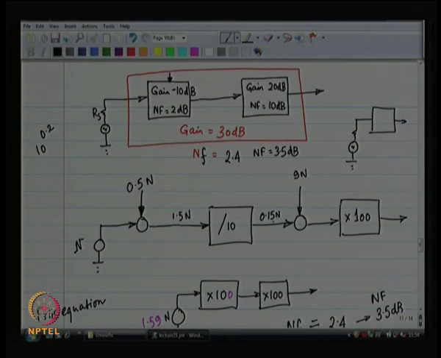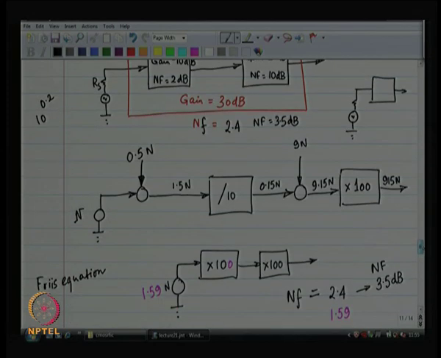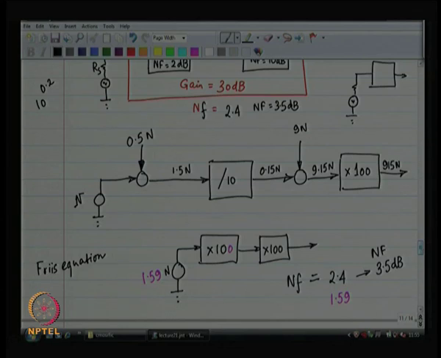Now, 9 n is going to be very significant compared to 0.15 n. So, I am going to get 9.15 n over here, that multiplied by 100 is going to be 915 times n. Okay. 915 times n divided by a factor of 10 means that my input was 91.5 n. Wow.